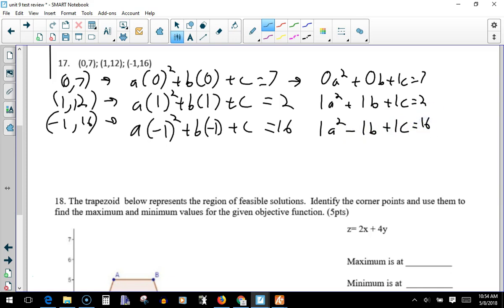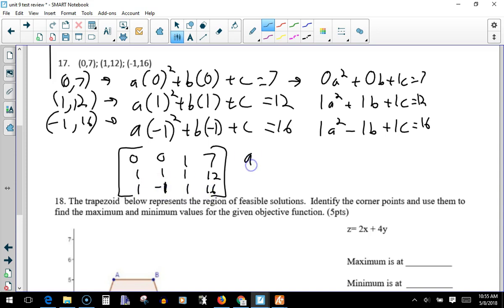And then my augmented matrix from there, I'm running out of room here, is going to be 0, 0, 1, 7, 1, 1, 1, 12. Was it 12? Yeah. I don't know why I put 2, sorry. 12. And then 1, careful, negative 1, 1, 16.